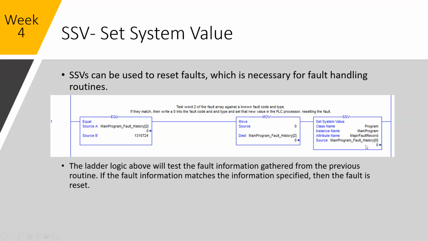And then it's going to set the main fault history back into the program. So you can use this in the event that you have a reoccurring fault. You can use the controller to monitor for specific fault codes and then clear that fault.